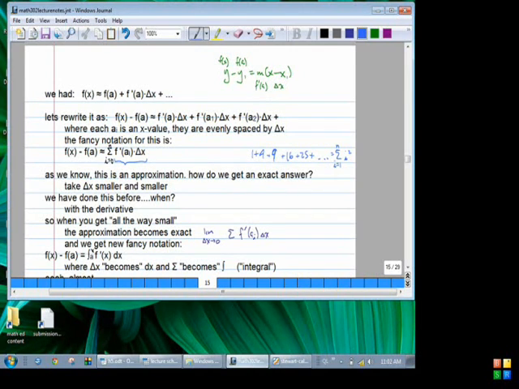It was invented some centuries ago. So this is now our notation for the exact answer, because we've taken a limit, and as we've seen before, the limit gives us something that is exact, not an approximation.